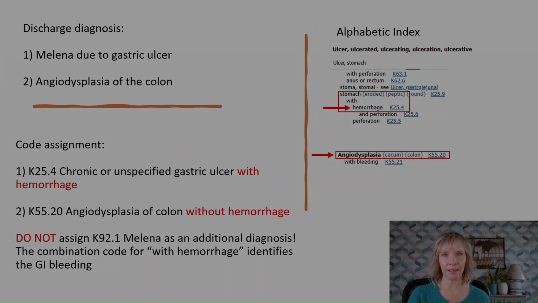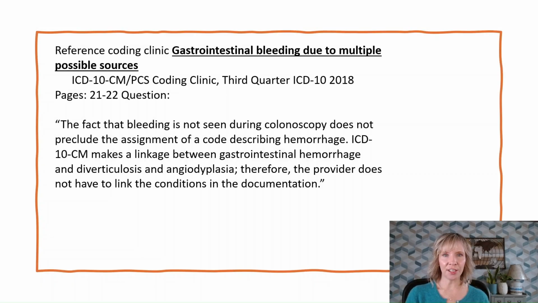Procedures like an EGD or a colonoscopy are commonly used to investigate the source of GI bleeding. However, it is not always possible for the physician to identify the exact cause of the bleeding. Oftentimes, multiple potential sources of bleeding are found during these procedures, yet none are definitively identified as the primary culprit of the bleeding.